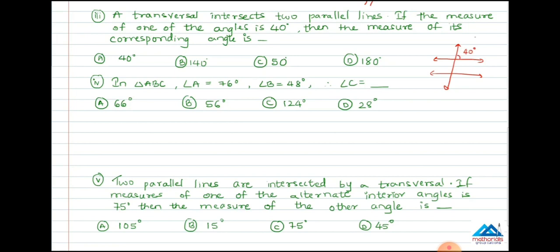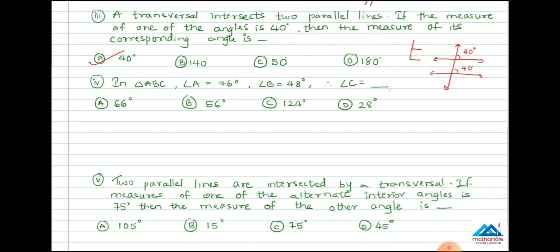Suppose one angle is 40 degrees. Corresponding angles form an F shape, like this and this. So if one angle is 40, the other will also be 40, because by the property, corresponding angles are congruent to each other. So option A is correct.